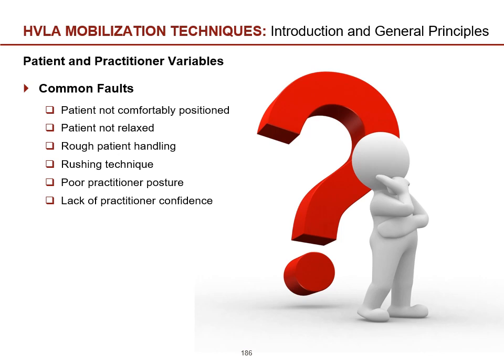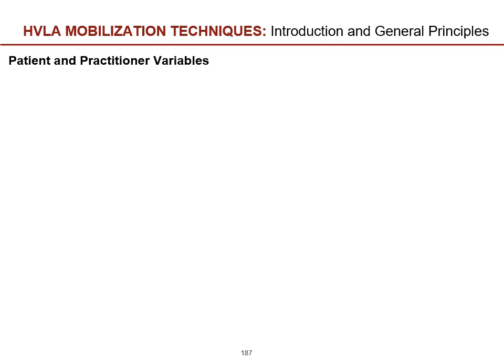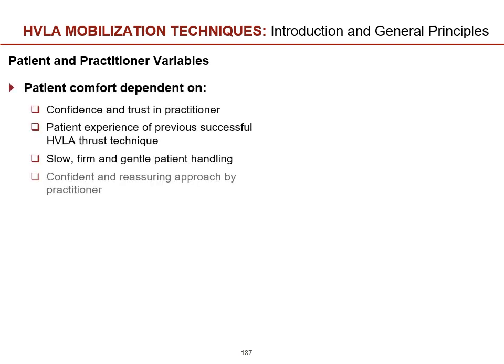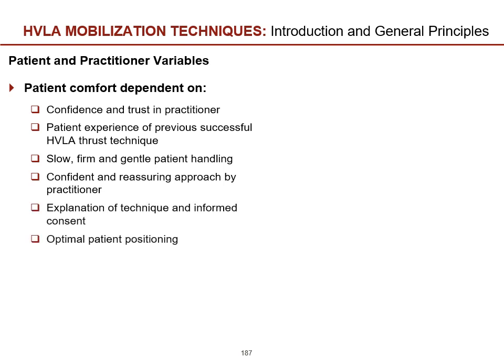So though these are the common faults, we'll break down the patient and the practitioner variables a bit more. The patient comfort is going to be dependent on the confidence of and trust in the practitioner, the patient's experience with prior HVLAT, slow, firm, and gentle patient handling, confident and reassuring approach by the practitioner, explanation of the technique, and informed consent, optimal patient positioning.